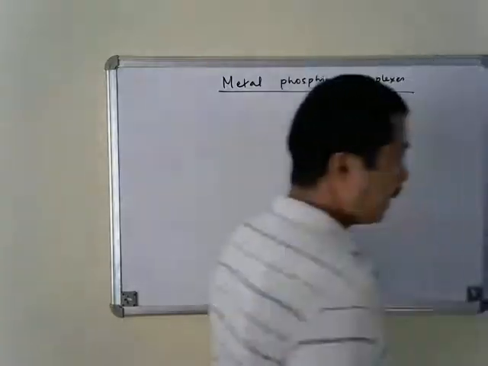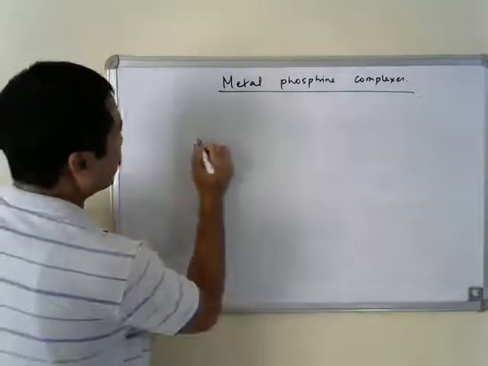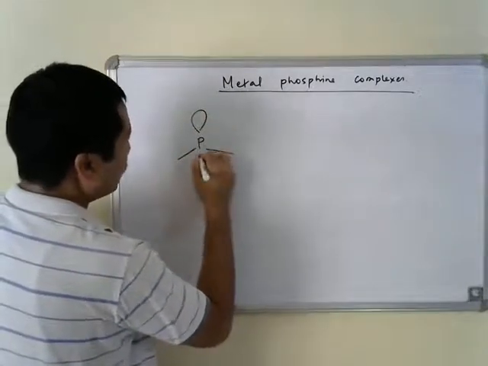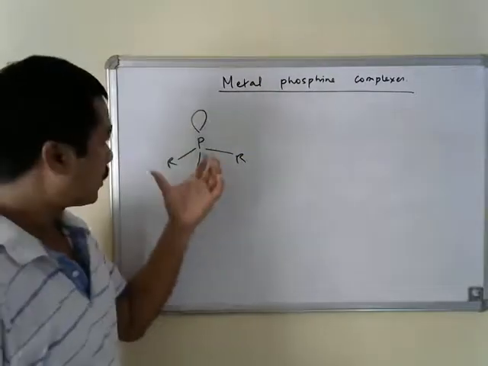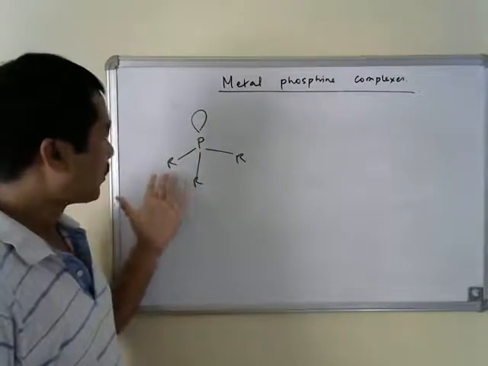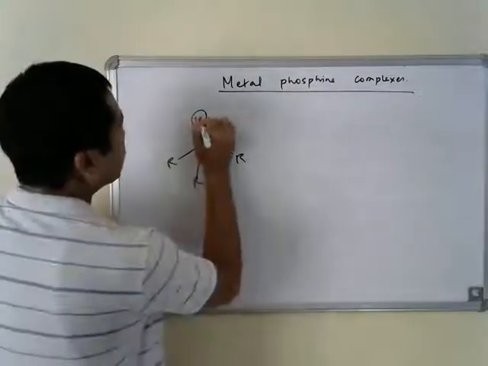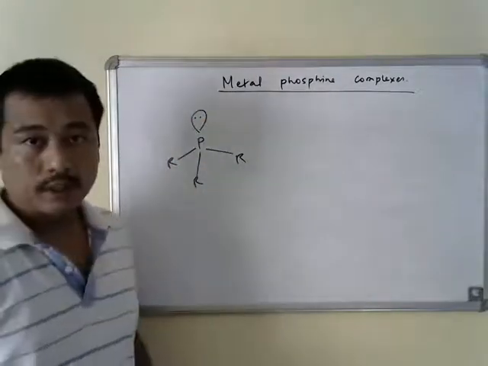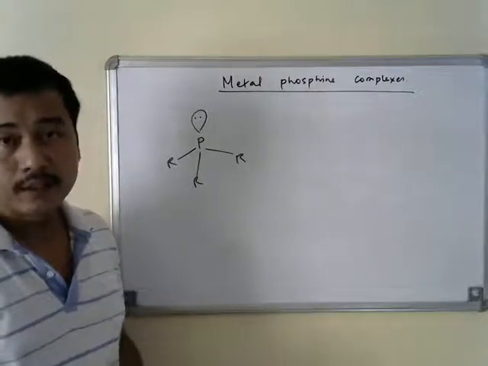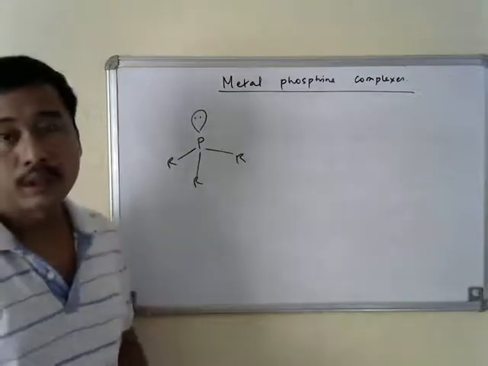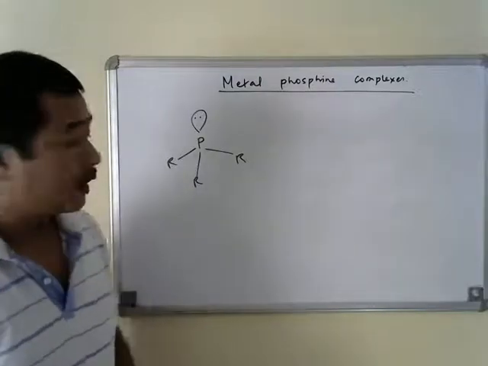The phosphorus atom in metal phosphine complexes is sp3 hybridized, and it uses three of the sp3 hybridized lobes to form sigma bonds with the three substituents, while one of the sp3 hybridized orbitals contains a lone pair of electrons. Essentially the phosphine ligand donates this lone pair of electrons to metal orbitals of the appropriate symmetry to form the metal phosphine sigma bond.